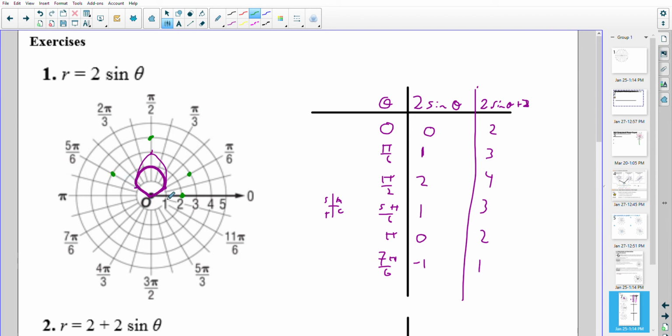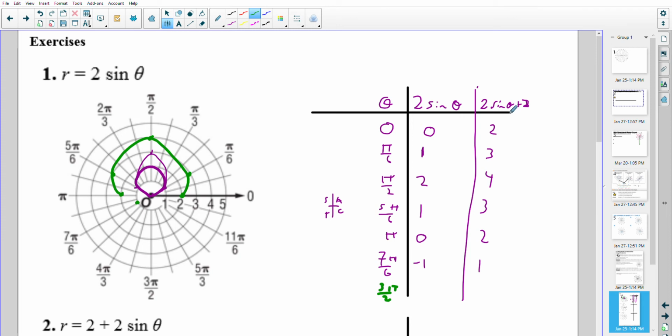And you can see that this is actually going to be symmetric as well. So you know that that is going to look like this and come back down to here, but we don't know what's happening in this particular part. So 7 pi over 6 is 1, which means that you actually have a point right here. And so the next point would be 3 pi over 2.